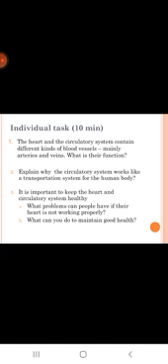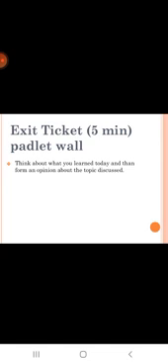Explain why the circulatory system works like a transportation system for the human body. It is important to keep the heart and circulatory system healthy. What problems can people have if the heart is not working properly? What can you do to maintain good health? So that's your task, and I will not be telling you the answers.